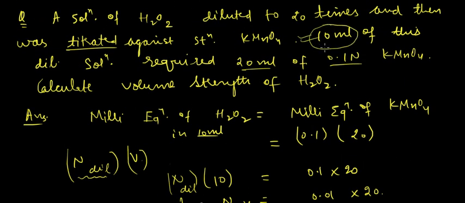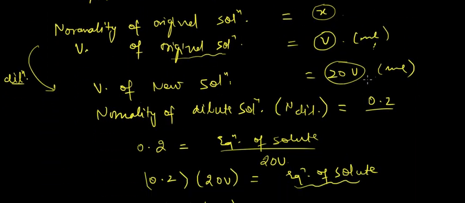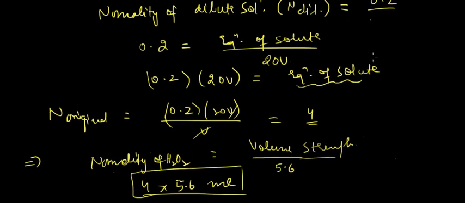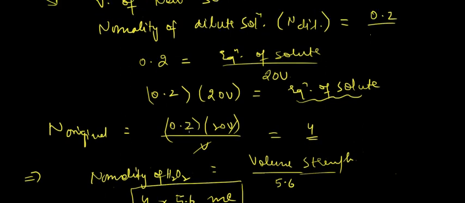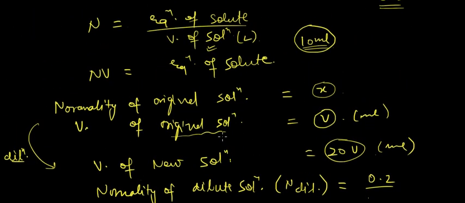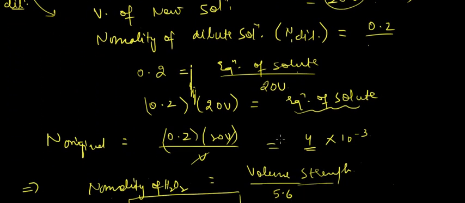So from here the unit flows. So at the end also, volume strength would be 4 into 5.6 milliliter. So N original was also 4 into 10 to the power minus 3, because this volume was in milliliter and normality is calculated in liter as we wrote here. So we have to multiply with 10 to the power minus 3 here.